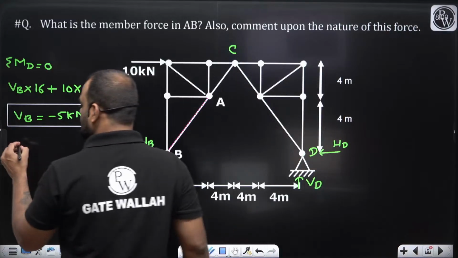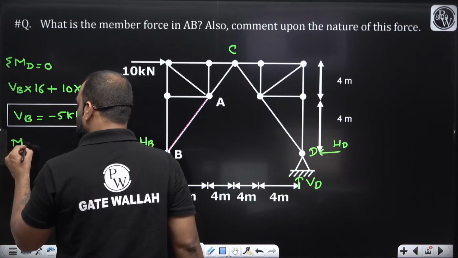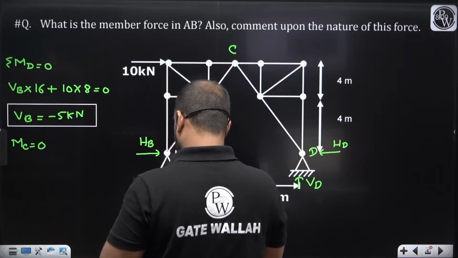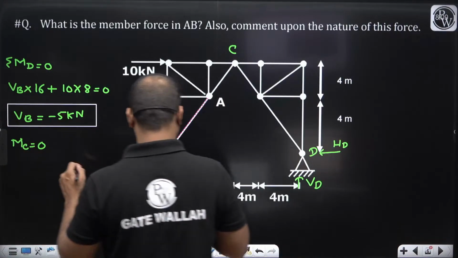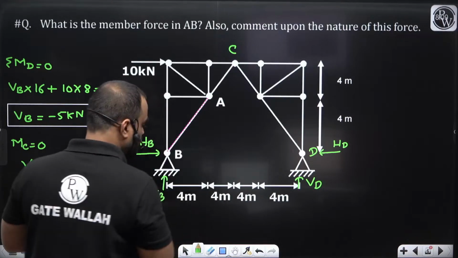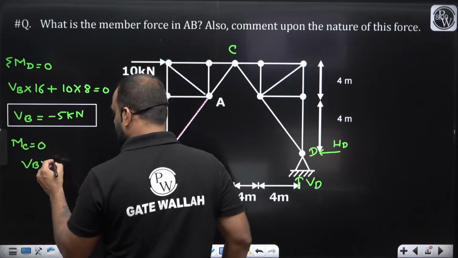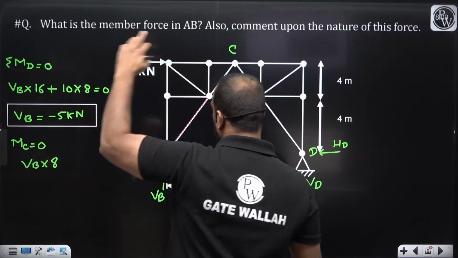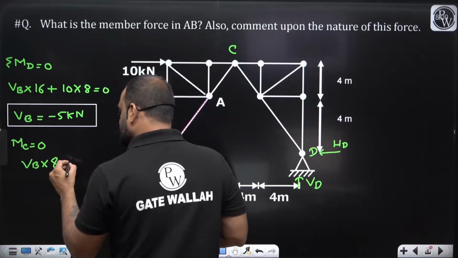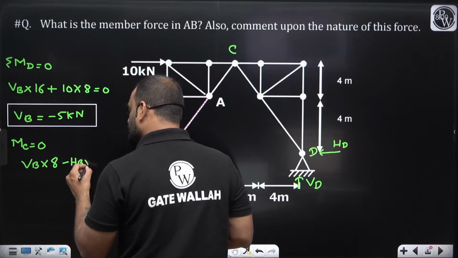Okay, so let us write down MC equal to 0. We can write here VB into this distance. How much is it? It is 8 meter, which is in clockwise direction. Then HB into 8 meter, but it is in anti-clockwise direction.